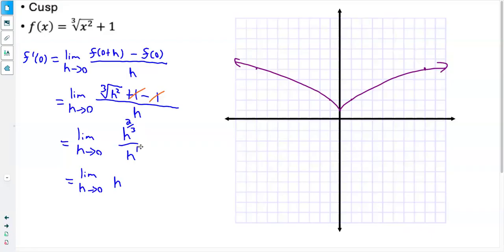This is technically to the power 1, so 2/3 minus 1 would be -1/3. So we've got h to the power of -1/3. We can rewrite that as our limit as h goes to 0 of 1 over the cube root of h.